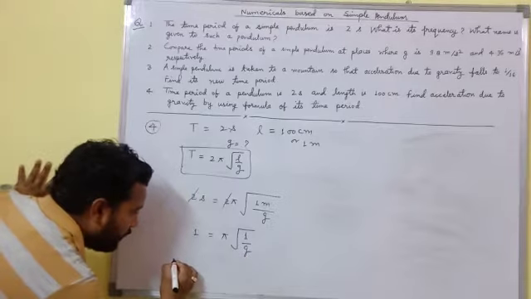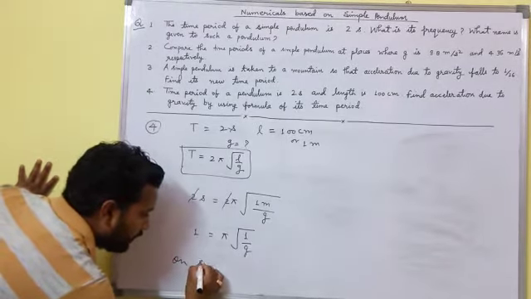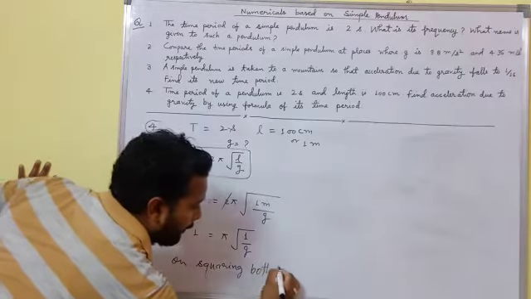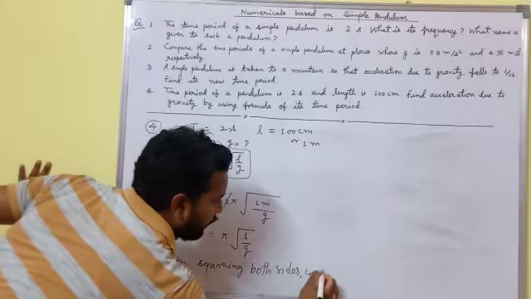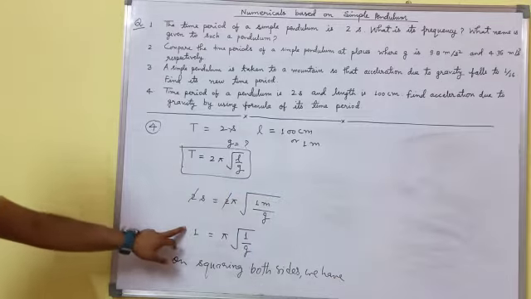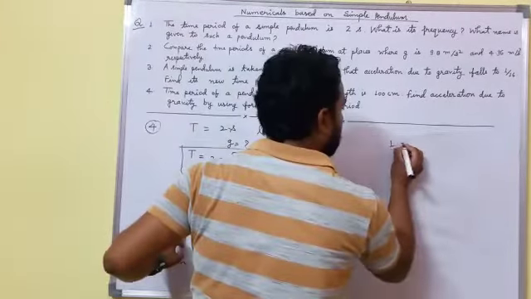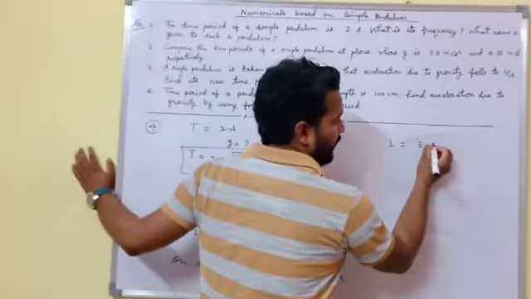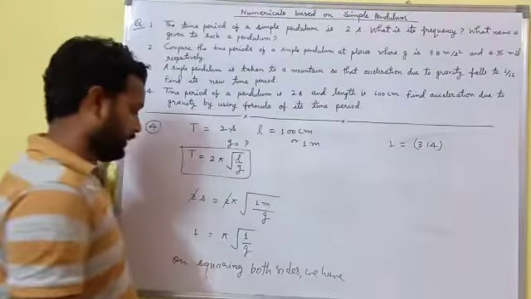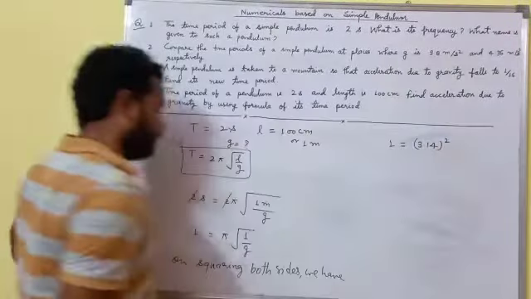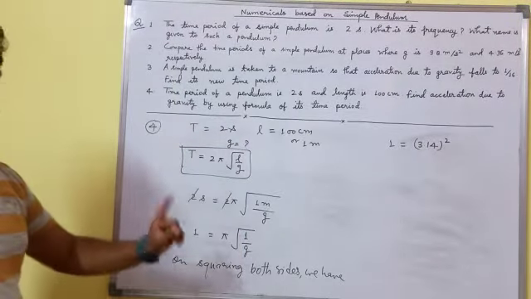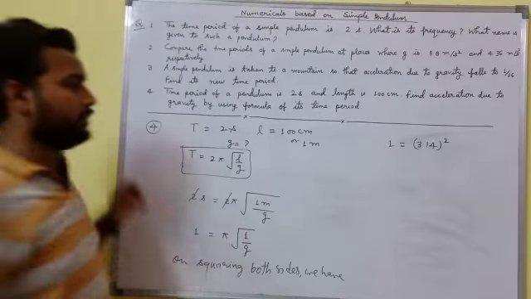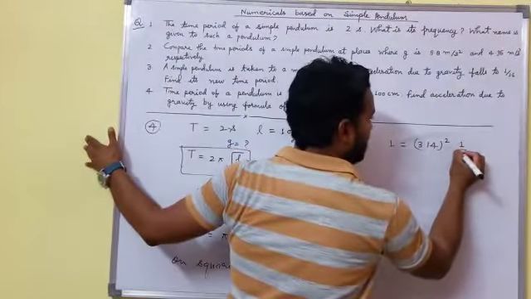On squaring both sides, we have the square of 1, again 1, the square of pi, the value of pi is 3.14 square, and the square of root 1 by g is 1 by g.